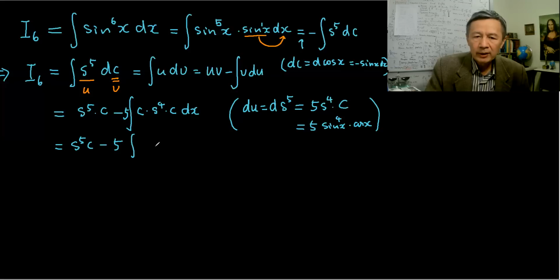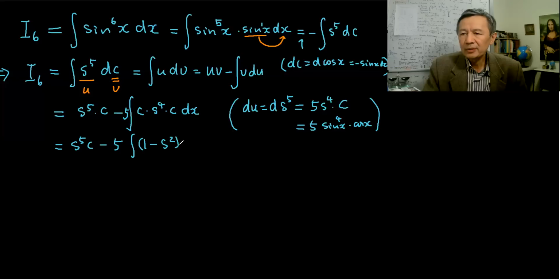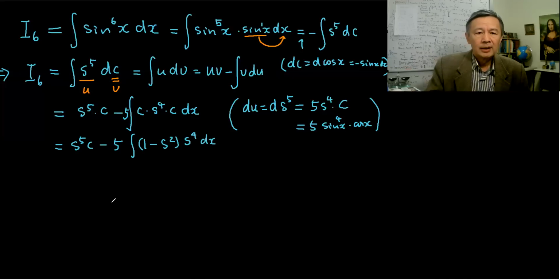Remember what c squared is? c squared equals 1 minus s squared, according to Pythagoras' theorem. Pythagoras, the oldest mathematician. Okay, we know Pythagoras. Very useful, Pythagoras' theorem. Then we get s^4, so s to the power 4 here, and dx.